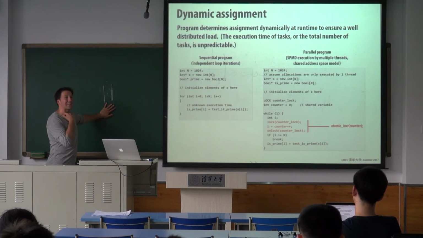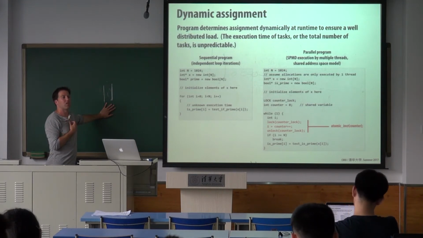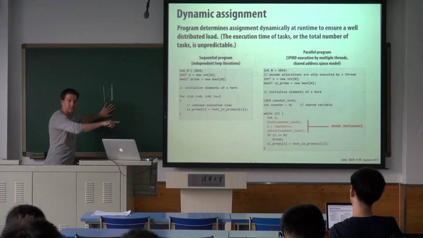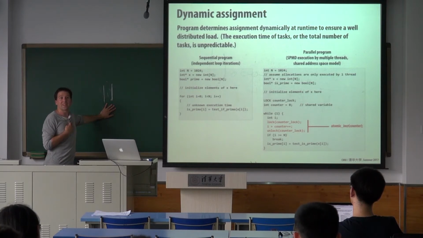So when one thread takes a lock, what does that mean about all other threads? Can somebody help me with that? Yeah, it tells them that they have to wait until it's unlocked. But let's think in terms of properties. If one thread has the lock, no other thread can have the lock.